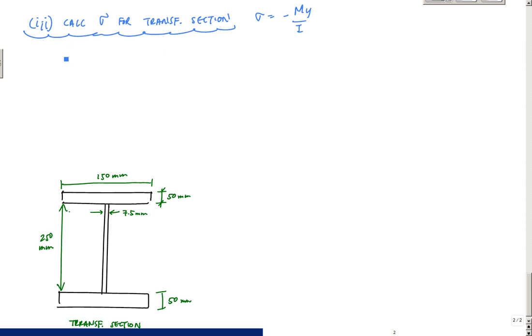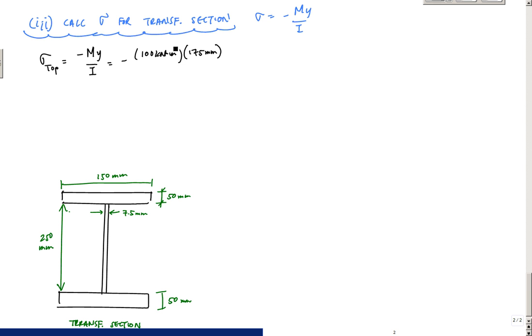Here, the sigma top, the stress at the very top, is equal to minus My over I. In this case, the maximum moment at midspan of the simply supported beam was 100 kilonewton meters. The distance from the neutral axis to the top is 175 millimeters.